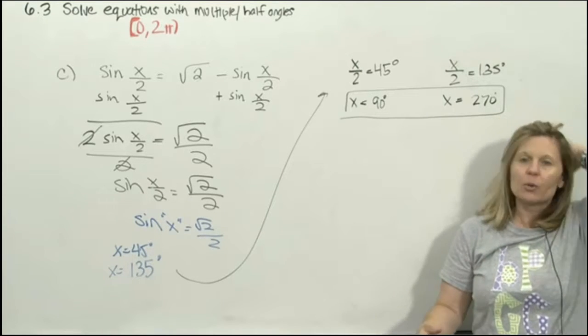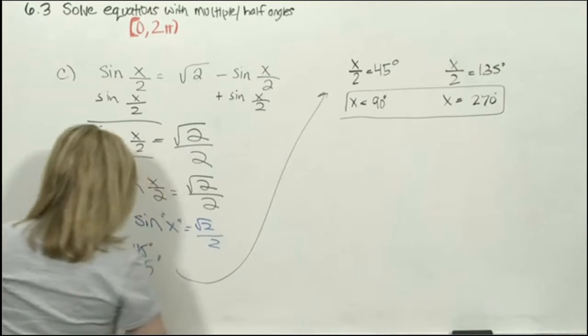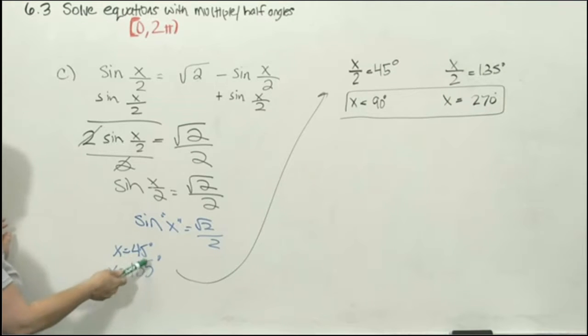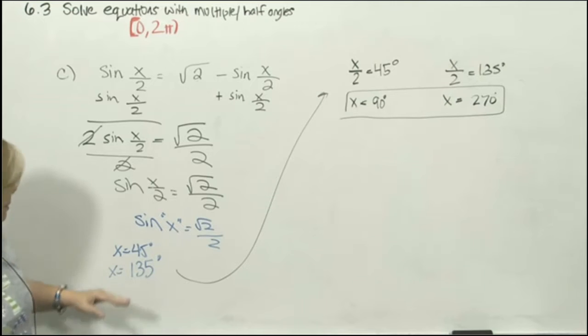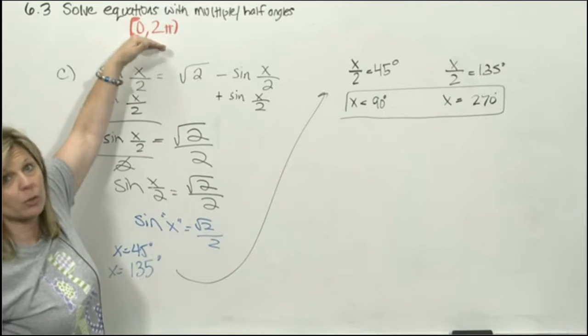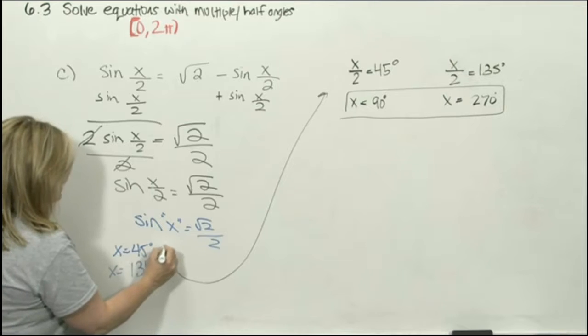Okay? So again, it's talking about coterminal angles. Well, I know what you're thinking. You're saying to make these coterminal, instead of adding 360, we'll subtract. Well, that won't work, because if we subtract 360 from either one of these, we'll get what kind of angles? Negative. And in our restrictions, we don't want negative. So the only thing we can think about doing is saying, well, what happens if we add 360?